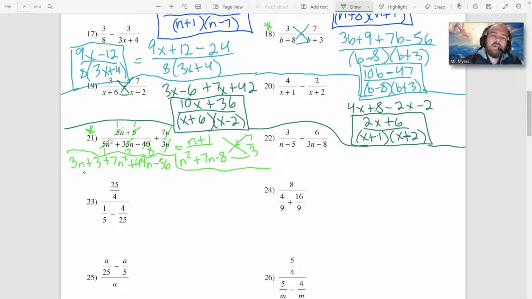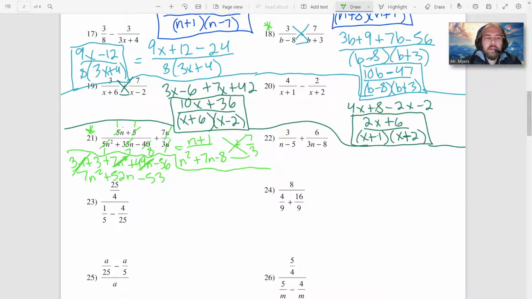All of that over the new denominator, which would be 3 times that quantity there. So let's go ahead and add this stuff up. We'd have 7n squared. That didn't combine with anything. We've got a 3n and a 49n, so that makes 52n. And then 3 and 56, that's minus 53.